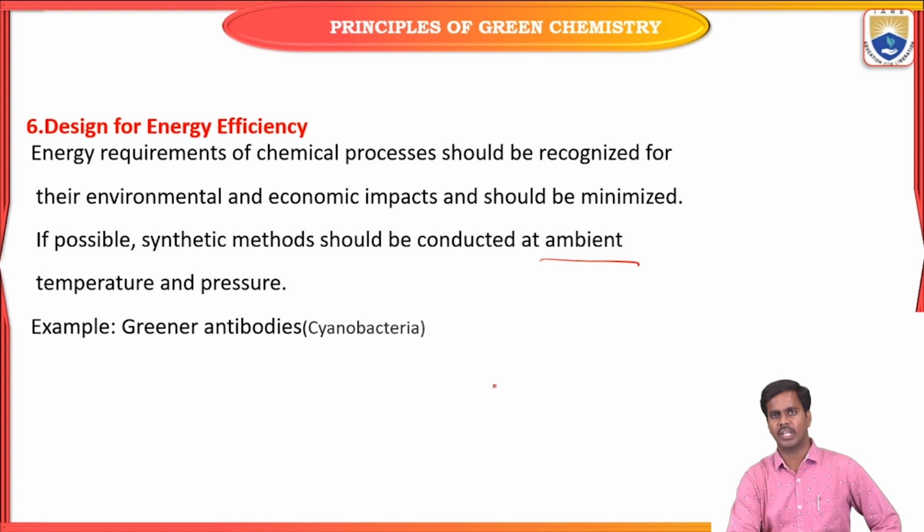Because as the temperature increases, we can't expect only the desired product. That means a number of products are formed along with the desired product because of high temperature. That's why we should maintain ambient temperature in a particular chemical reaction, so automatically that reaction will be eco-friendly.